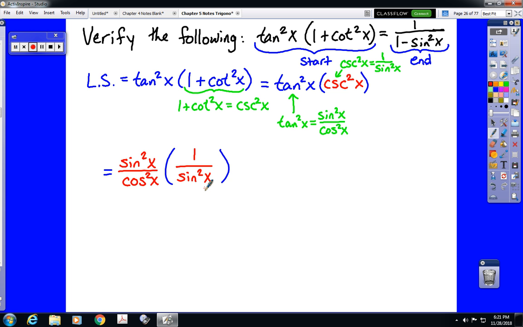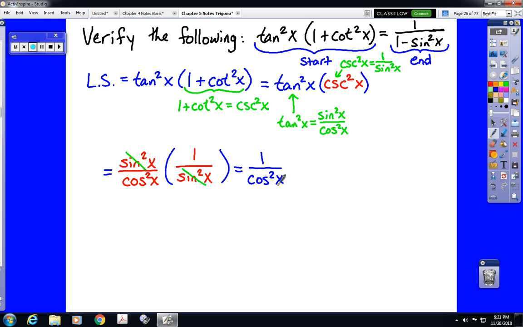Now when I multiply these fractions, what happens? Well, I have a sine squared on top and a sine squared on the bottom. So those would cancel. And then I would multiply straight across, which would give me 1 over cosine squared x.